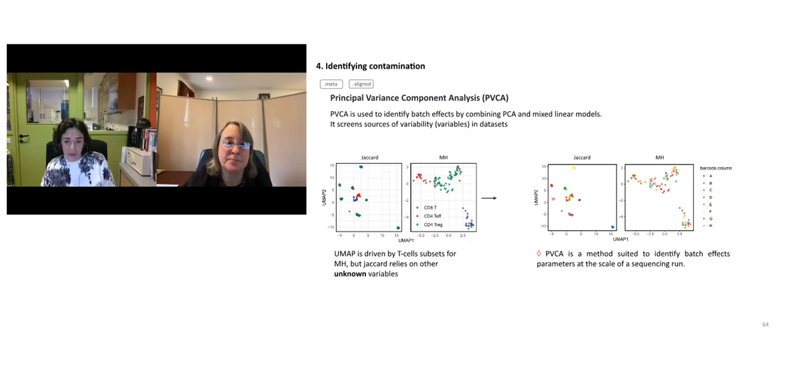And actually, that was the case, because when we colored our UMAP back on the Jaccard or the Morisita-Horn, you can see that the Jaccard dots that are spread and form small clusters are, in fact, clustered by the barcode in the column, again suggesting index hopping.